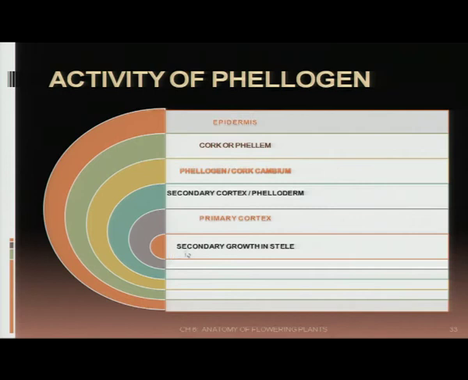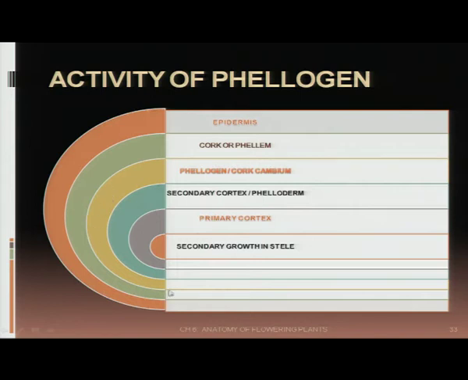Let us see this figure. It will make more clear the arrangement of different layers inside the stem of a dicot plant at this point of time when phellogen has developed and it has started cutting off different layers. So, let us assume that this portion is the stele where secondary growth has taken place and is still taking place. So, the phellogen or the cork cambium will develop somewhere here.